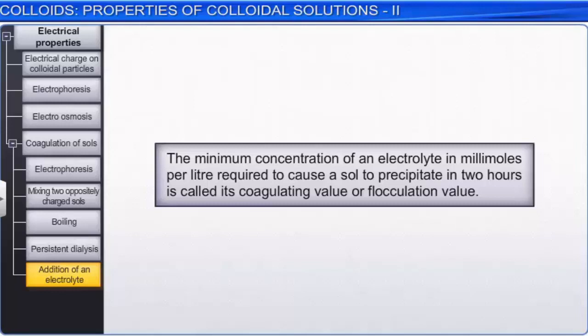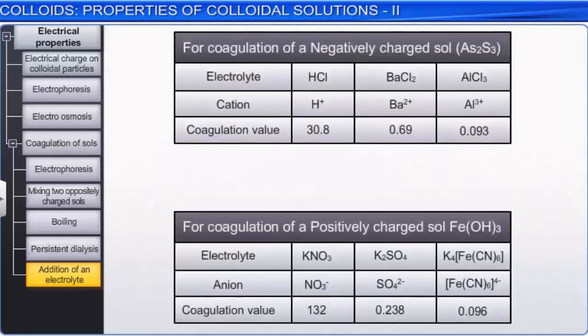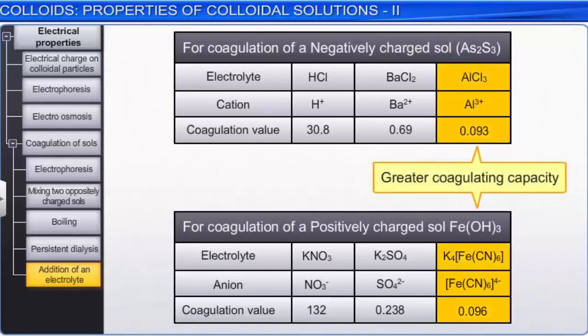You can see from the table that the Al³⁺ cation and the [Fe(CN)6]⁴⁻ anion have extremely low values of coagulation value. Therefore, they exhibit greater coagulating capacity as compared to other ions in their category.